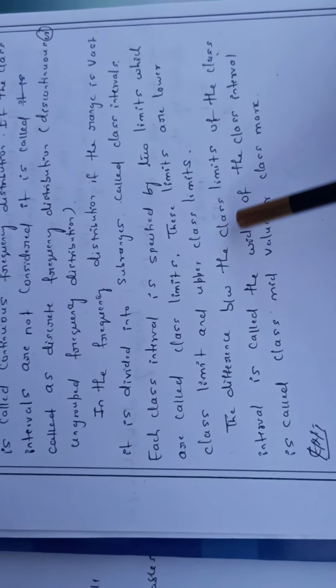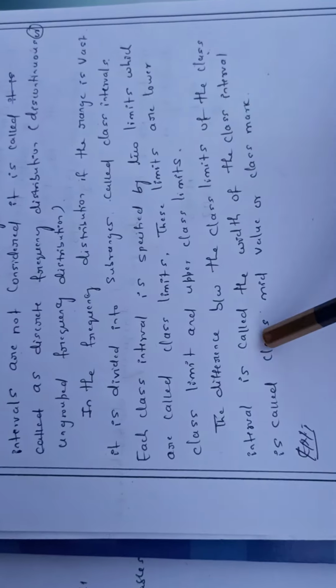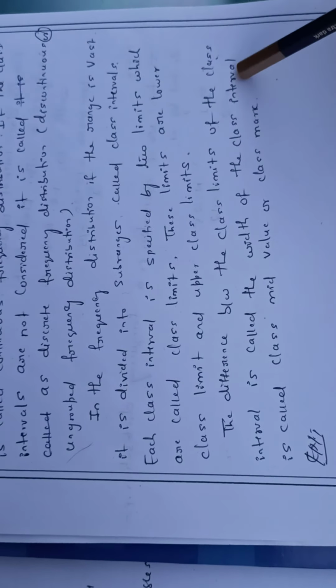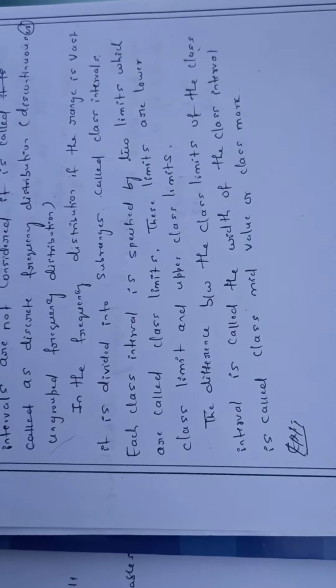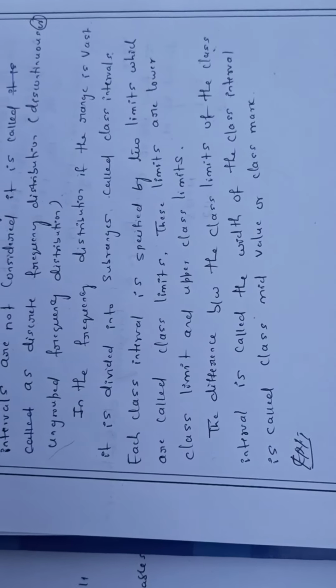The difference between the class limits of the class interval is called the width of the class interval. The average of the limits is called the class mid value, or you can say class mark.